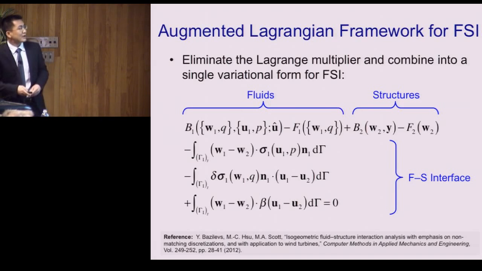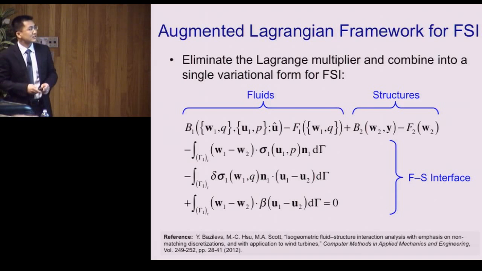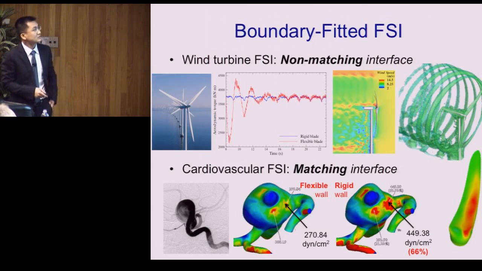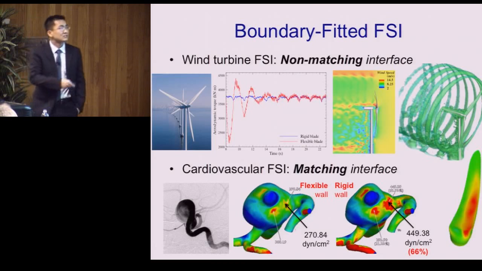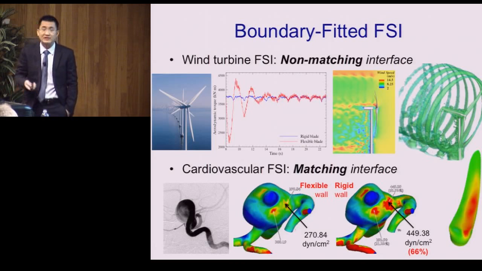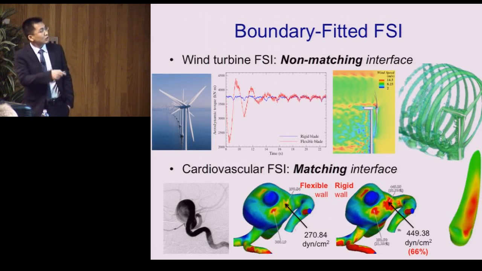Back then, we used this and applied it to the simulation of wind turbines. The structure is discretized using isogeometric analysis, and the fluid is discretized with finite elements. You can also apply this in the traditional way.